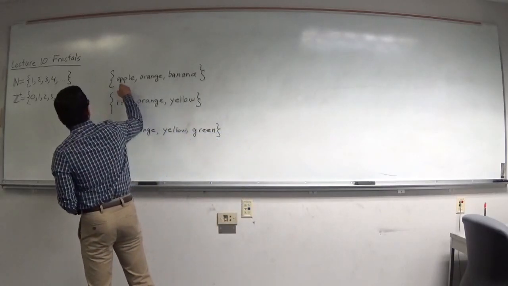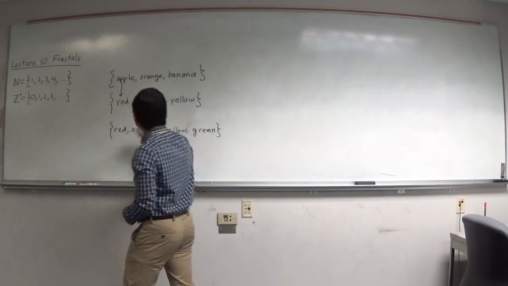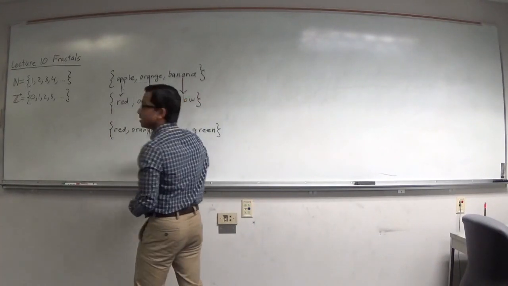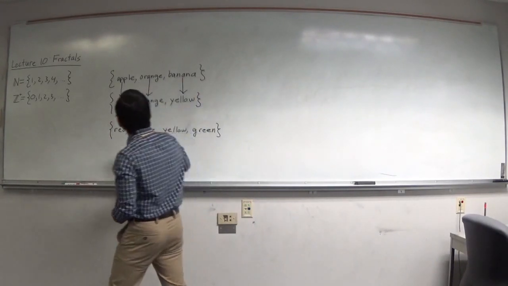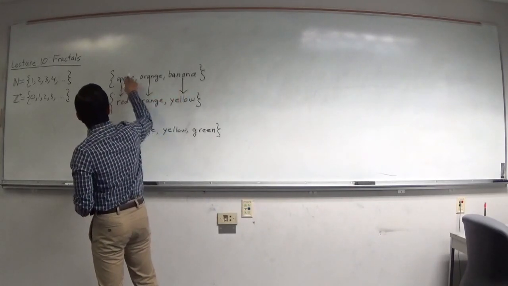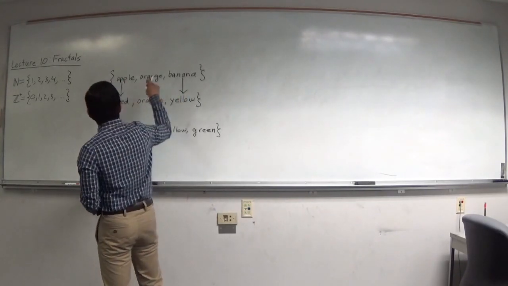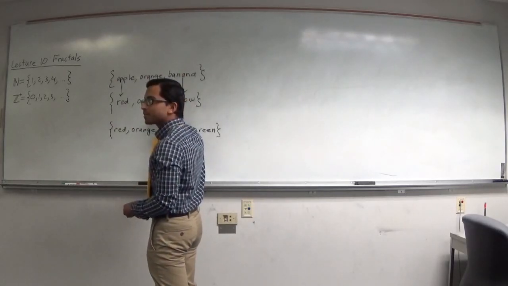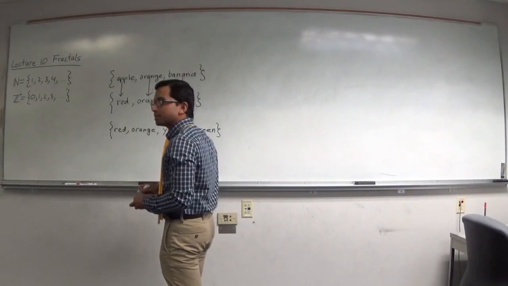You can go from apple to red, orange to orange, and banana to yellow. And here, they're all F. So it's just F of apple equals red, F of orange equals orange, F of banana equals yellow. There you have a 1-to-1 correspondence.